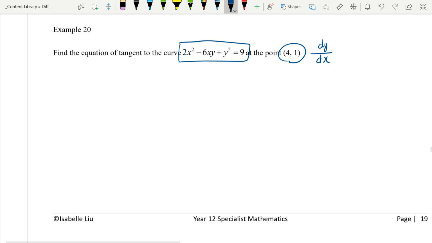If you want to differentiate that, the 2x squared just gives you 4x. Then to differentiate minus 6xy, I'll take the minus 6 out as the coefficient, and differentiate x times y.